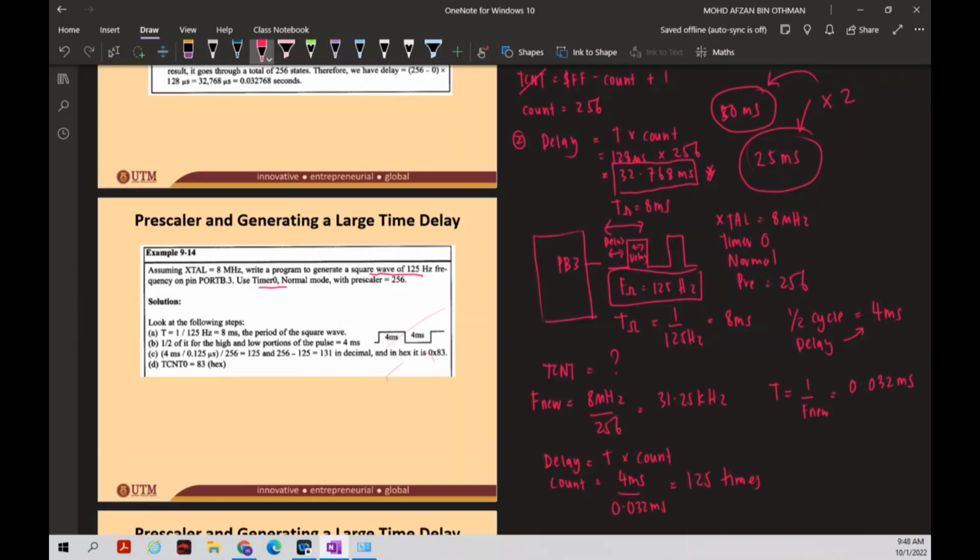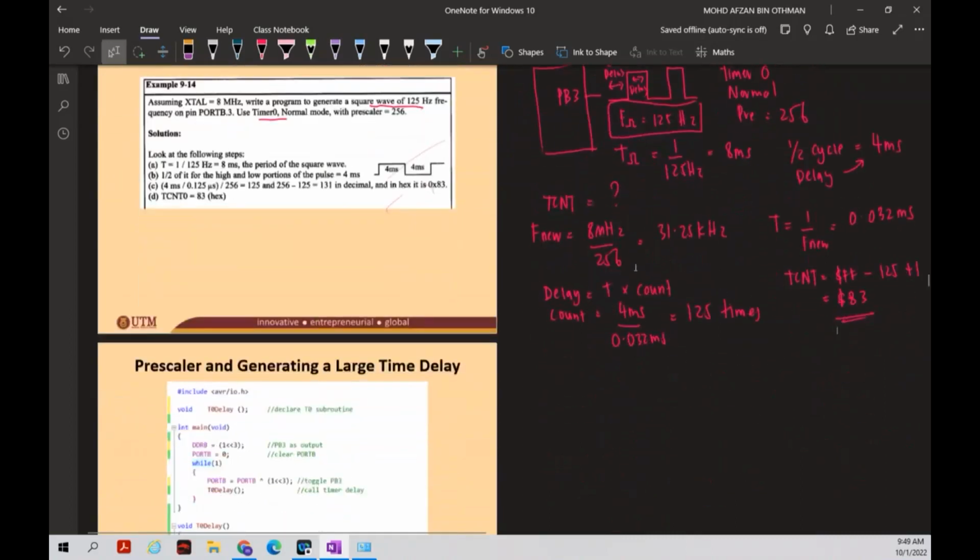So obtain your TCNT equals FF minus count 125 plus 1, and you will get 83. This is the value that you're going to put into TCNT0.